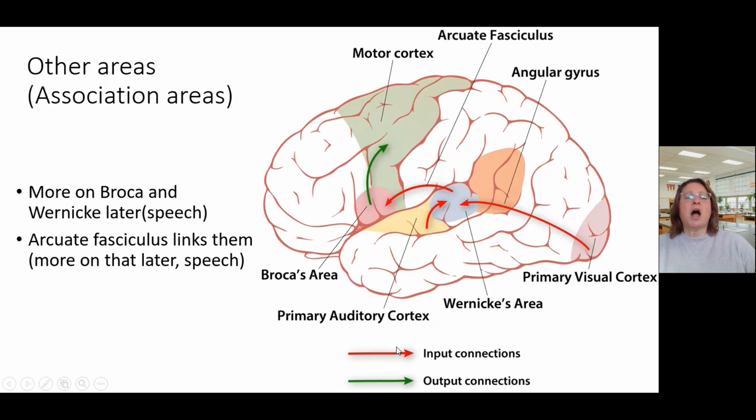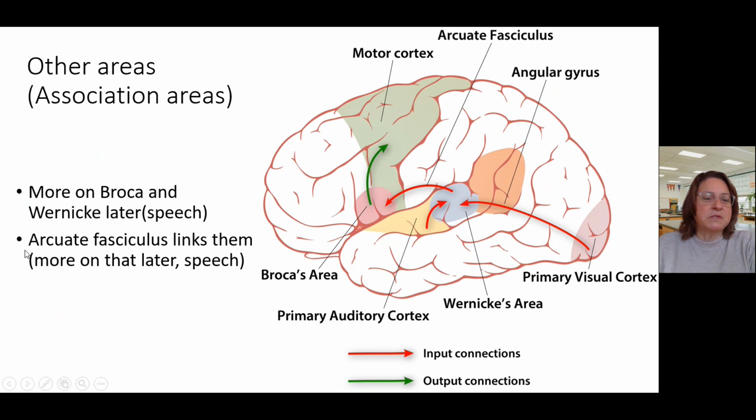Okay, the other areas, the association areas that you have got. You have got Broca's and Wernicke's, the speech areas. This is just so you're seeing physically where they would be: Wernicke's is in the temporal lobe, and Broca's is in the frontal lobe.